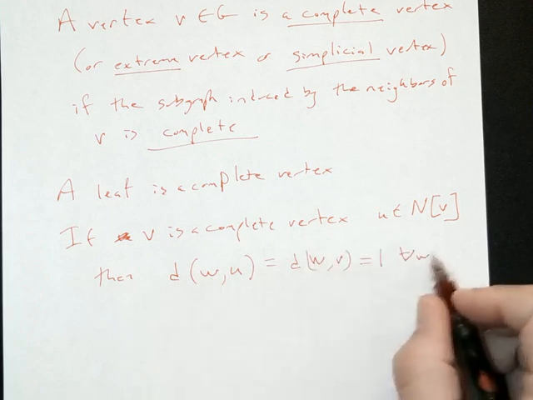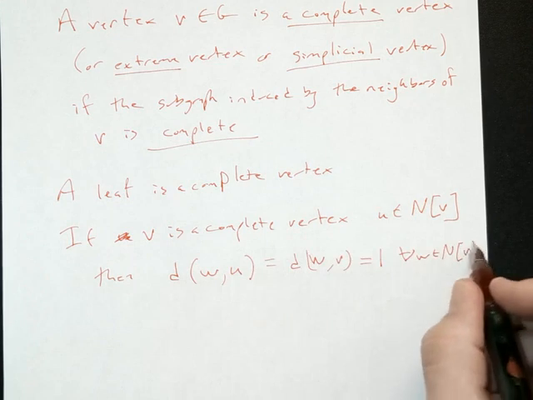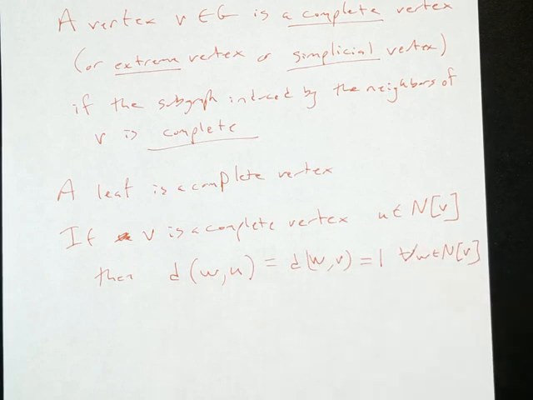That's what it means to be a complete graph, right? You move to any neighbor, you're still one step away from all the other neighbors. The neighborhood is complete. If I move to any neighbor, my distance didn't go up. What does that make my complete vertex? It makes it boundary.